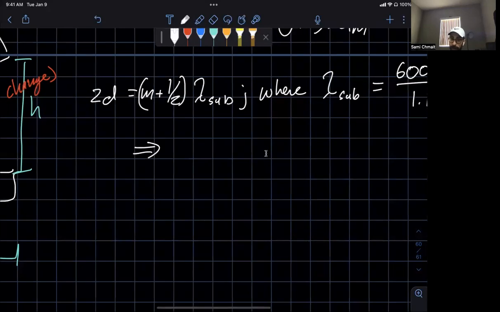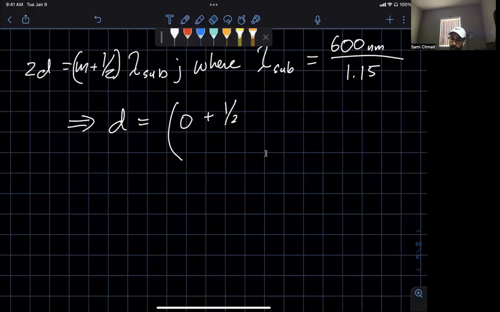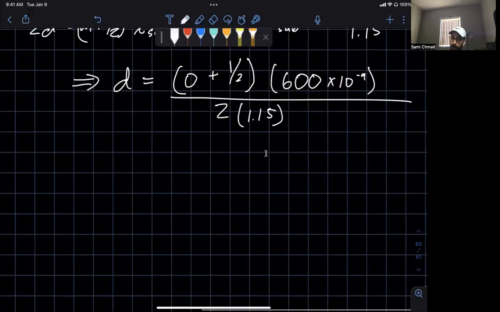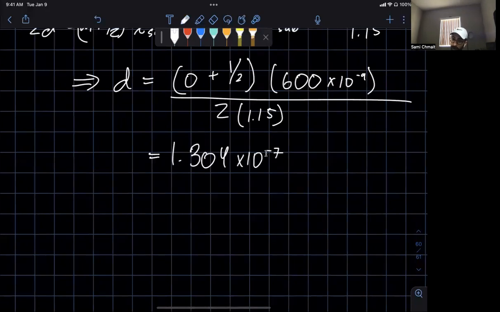So d is going to be equal to, for the first one, we can plug in 0 here, so 1/2 plus 0, just 1/2, times that wavelength, so 600 times 10 to the minus 9 divided by 2 times 1.15. So be mindful that I did that, which is that over there, and then divided by 2 because we have the 2 in front of the d. We're able to solve for d, which is equal to 1.304 times 10 to the minus 7 meters.